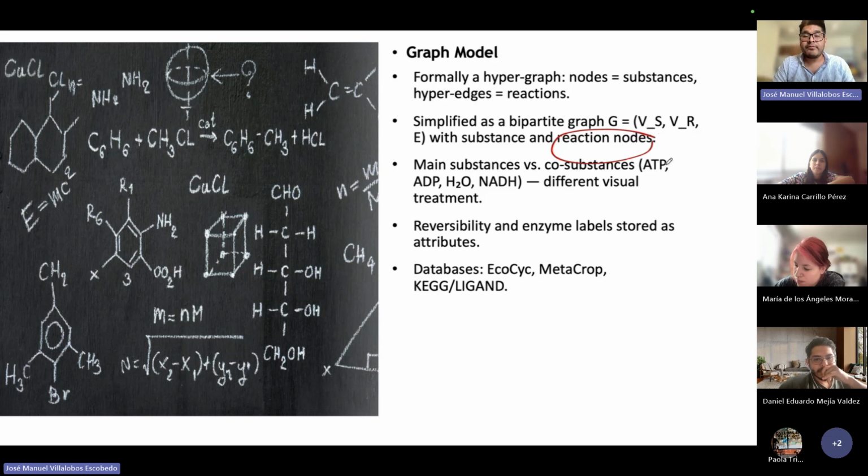And we can see, for example, substances like ATP, ADP, water, and we can see this kind of information in that network.